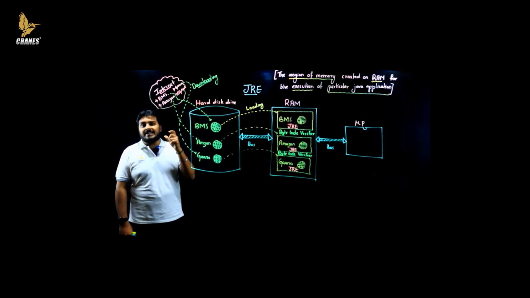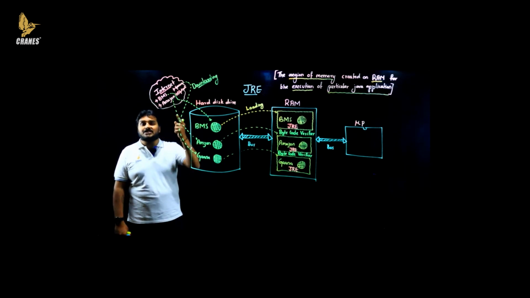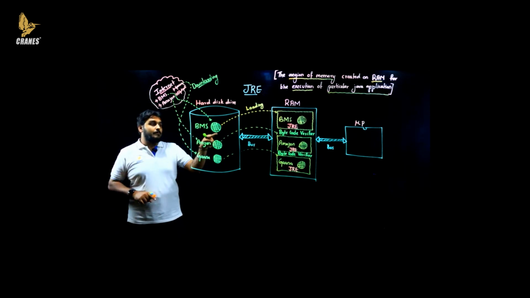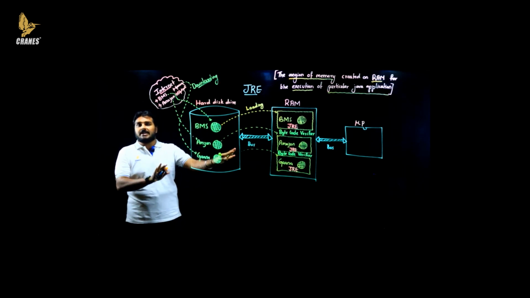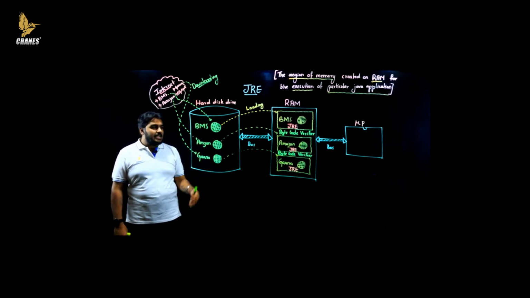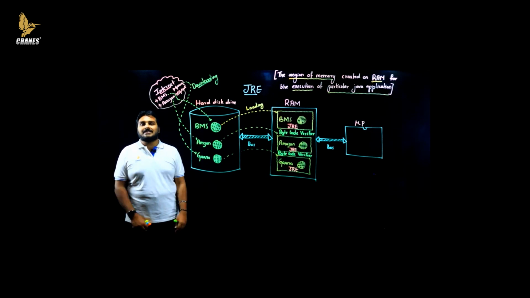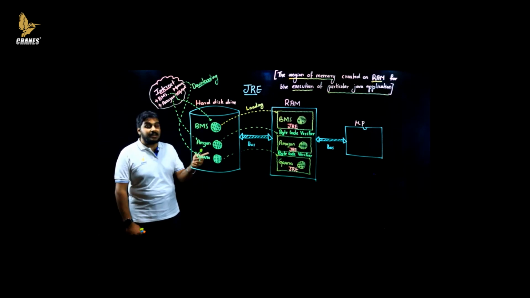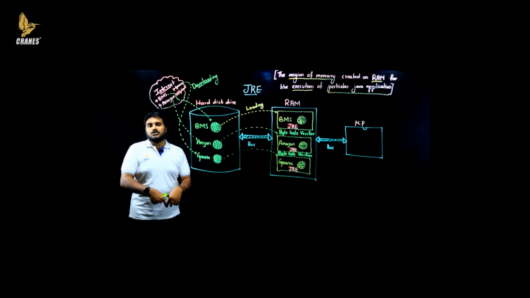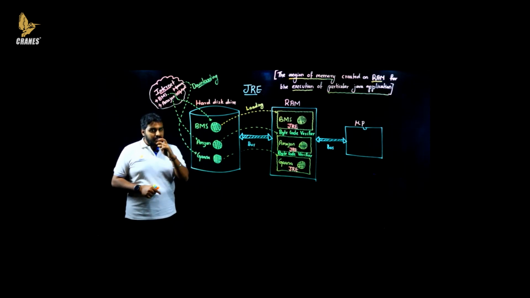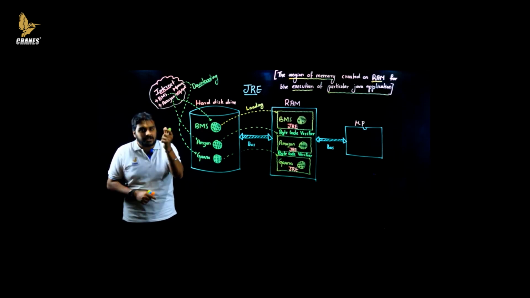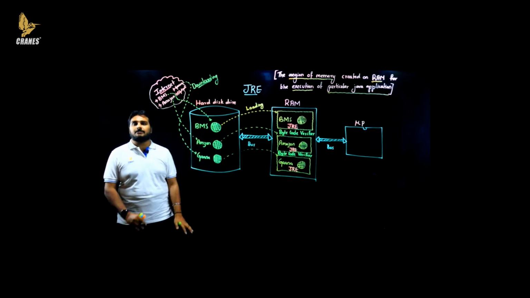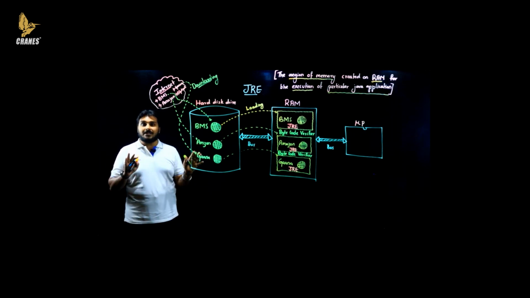If any application tries to snatch the data of another application, your bytecode verifier is going to terminate that application. He is something like a policeman there. He is going to prevent the theft from happening, though in real time it will never happen. The theft will happen only then the policeman will come. But here the policeman is already present, so the theft will never happen. If he senses that some person is trying to do a theft, he will immediately kill that person. I hope I'm completely clear with this.